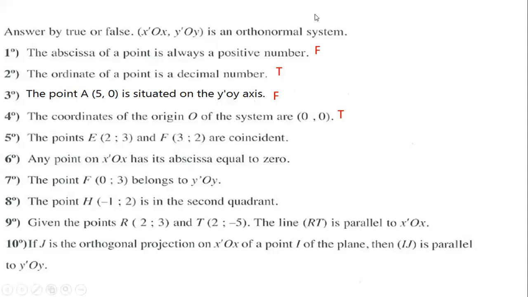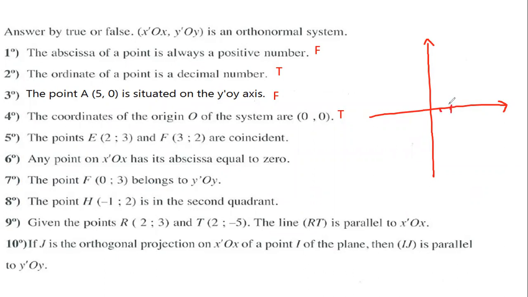Let me show you something. Let me draw it in front of you quickly. This is an orthonormal system, this is the y axis and this is the x axis. Let us locate E, which is (2, 3). What is 2? The abscissa.